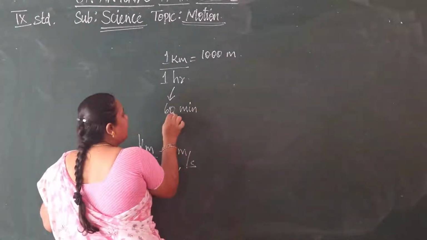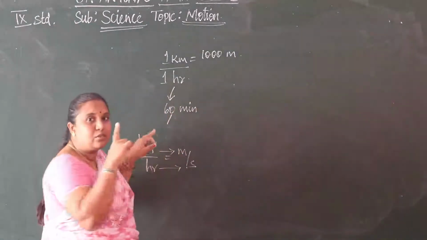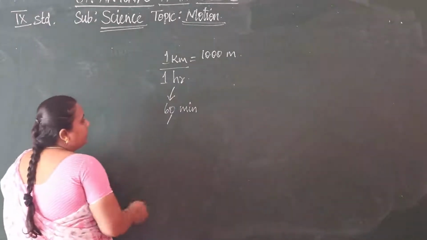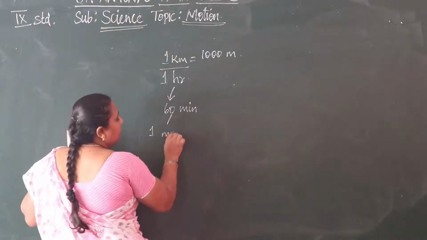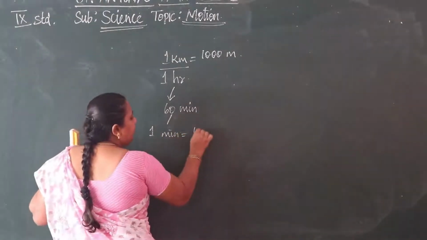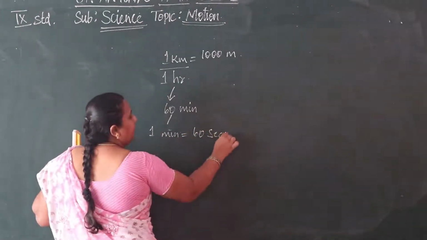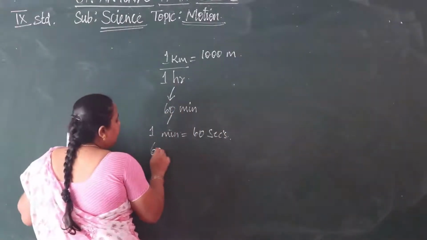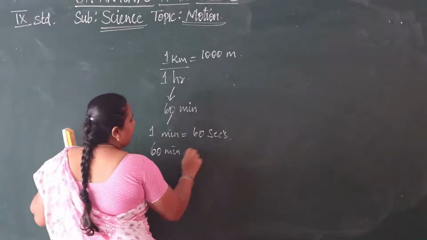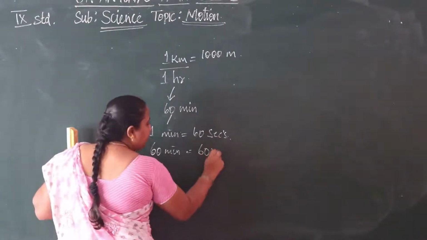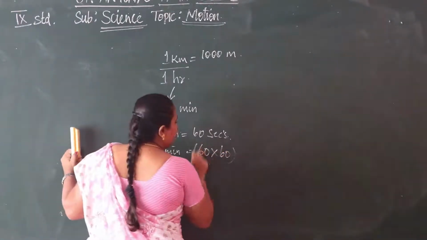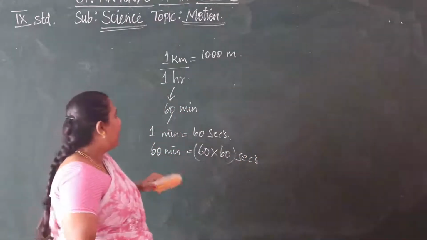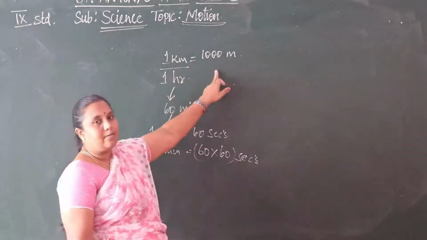This 60 minutes we can convert: 1 minute equals 60 seconds, but we have 60 minutes, so 60 minutes equals 60 into 60 seconds. Understood, children? Okay, see, 1 kilometer equals 1000 meters.